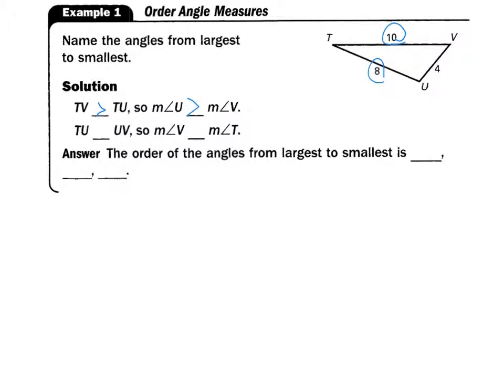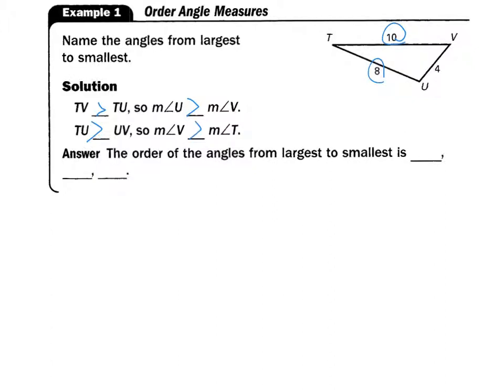Because U is opposite of TV, and angle V is opposite of TU. So it's very consistent. Next, TU at 8 is greater than UV, which is 4, and therefore angle V has to be greater than angle T.